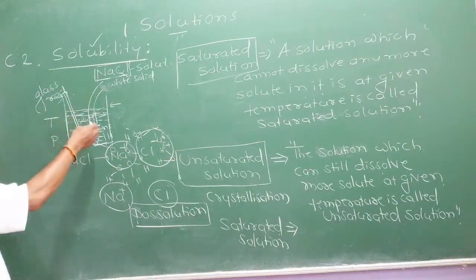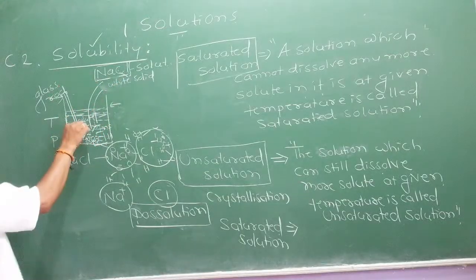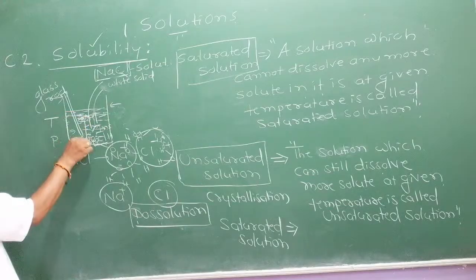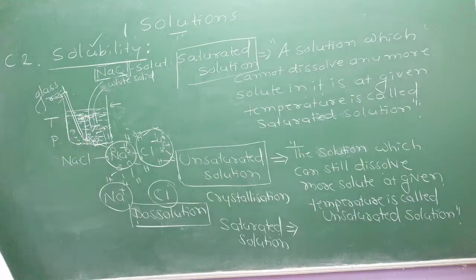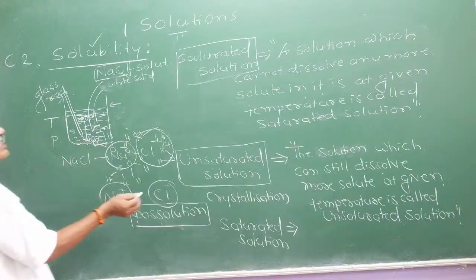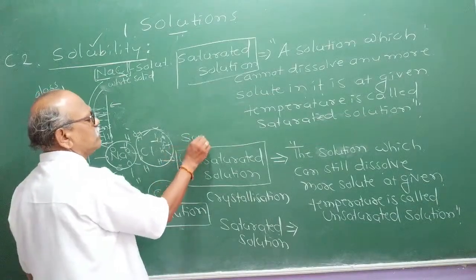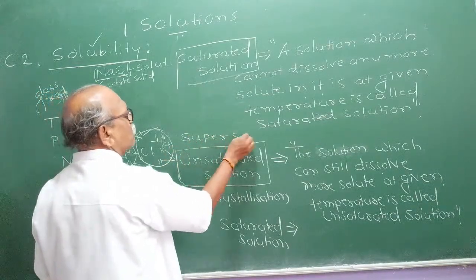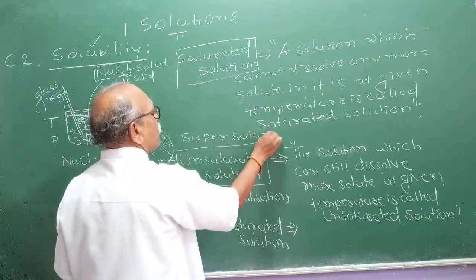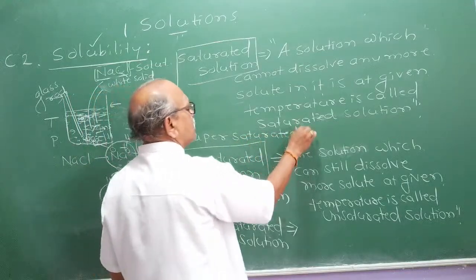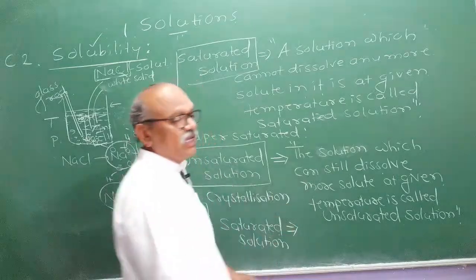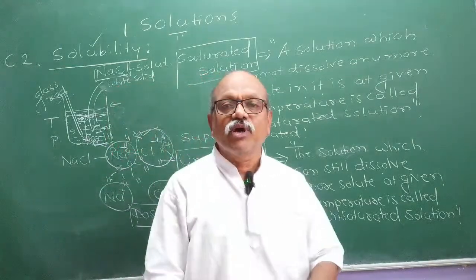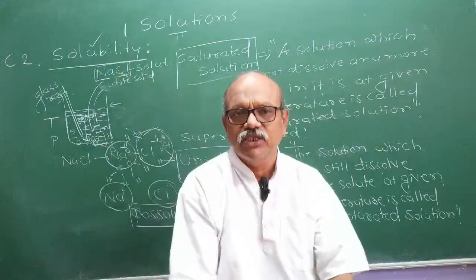After reaching the saturation, if you add excess solute in it, the solute particles will collide among themselves and settle at the bottom. This particular process is called crystallization. Then we say that the solution is supersaturated. When the solution crosses the saturation level, it is like what happens when you eat more than the requirement: we get vomiting, indigestion.